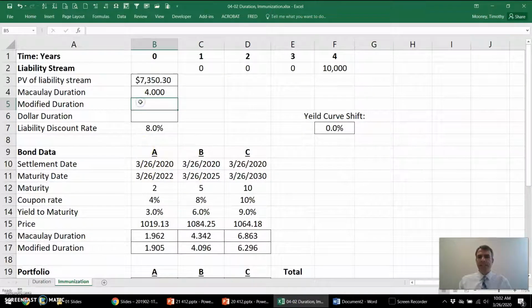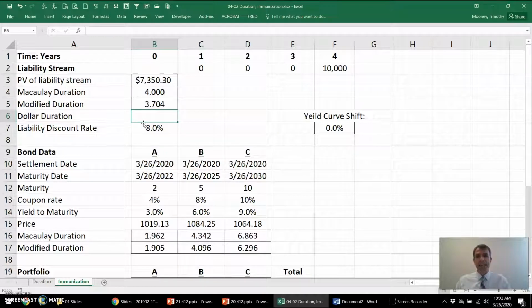But if we take the Macaulay duration divided by 1 plus the discount rate on the liabilities, which is assumed, we've got a modified duration of 3.704.